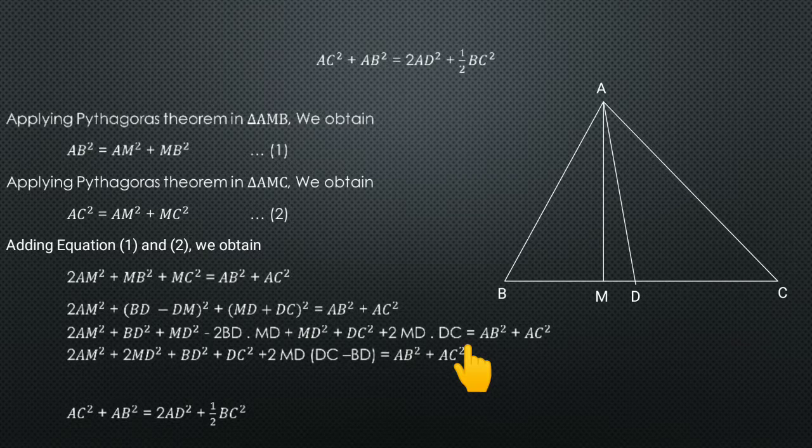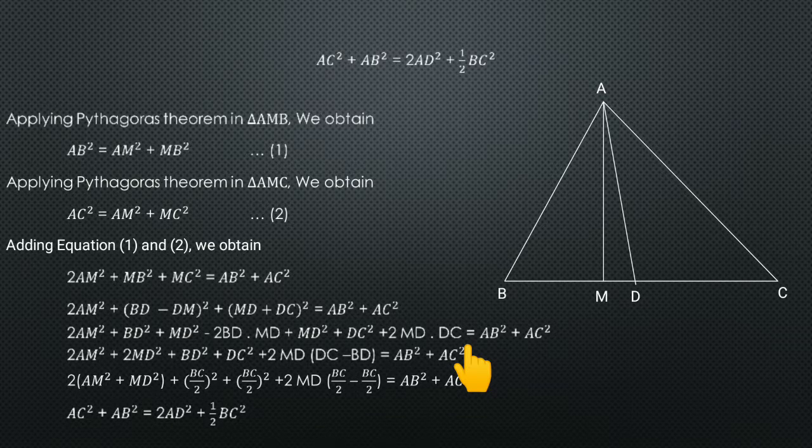Now, in the next step, in these two terms 2 is common: AM square plus MD square. Plus here, again we will use that AD is a median, therefore D is the midpoint of BC.